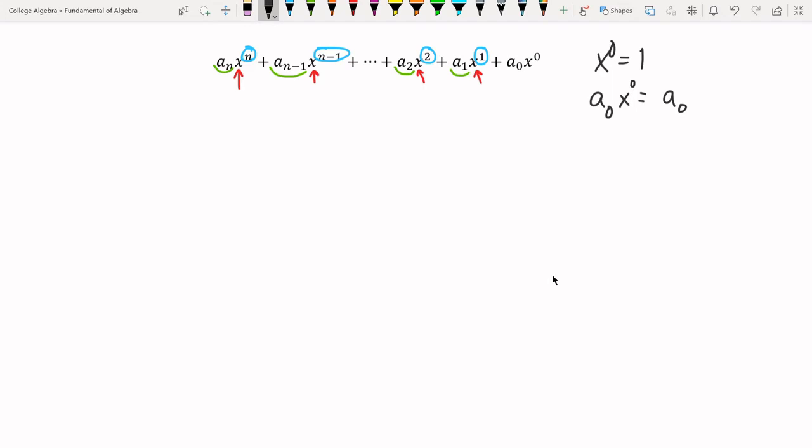A polynomial can look like 3x to the 5th plus 4x squared minus 13x cubed. Oh, let me actually change these around just to write them in standard form.